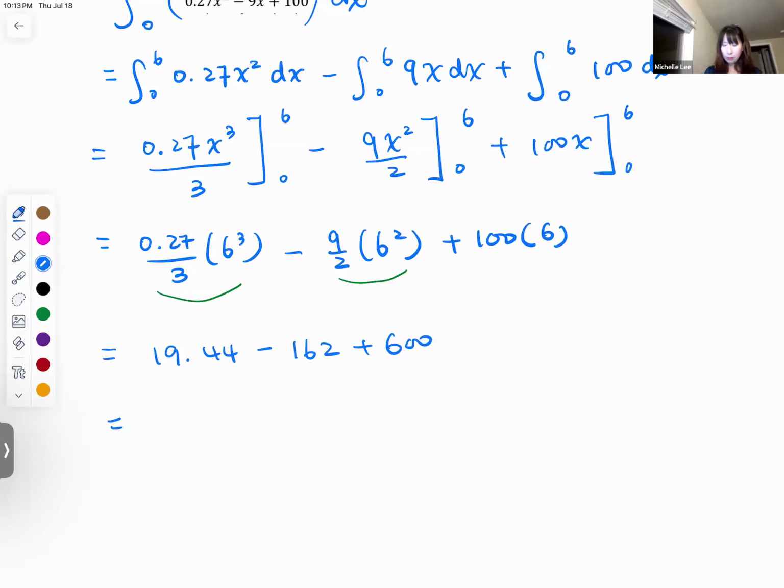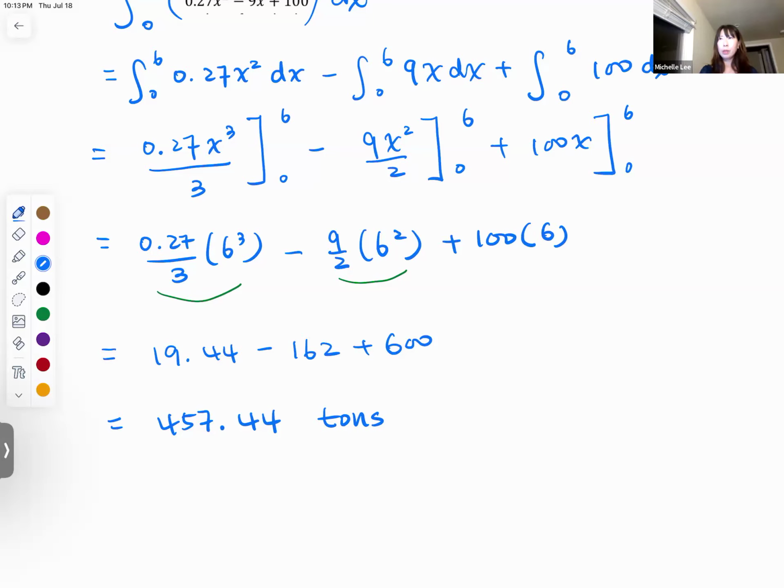Then if we calculate, we have 457.44 tons. So we had something similar to this number, right? 400 something, 430 something, right? That's how I remember. Yeah, very similar.